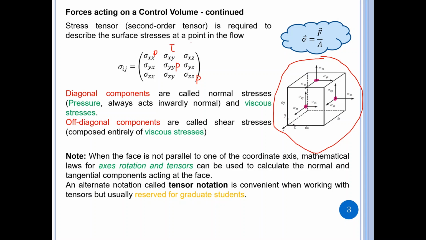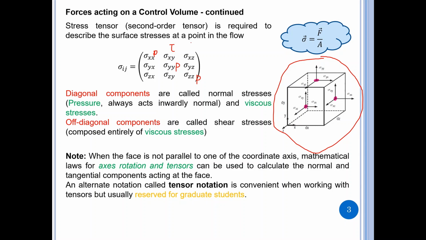So the diagonal components can be pressure, which always acts inwardly and normal, or viscous stresses, and the off-diagonal components are composed only of viscous stresses, also known as shear stresses. When the face is not parallel to one of the coordinate axes, we have to use mathematical laws for axis rotation and tensors to calculate the normal and tangential components acting on the face.